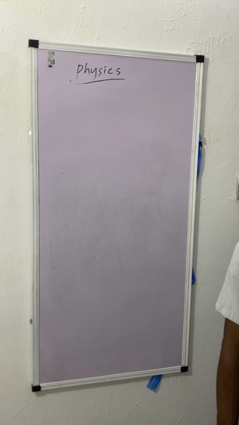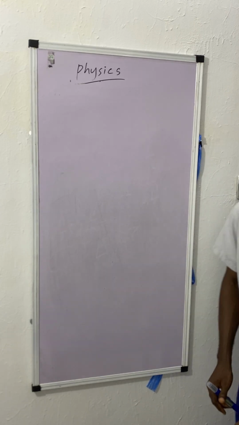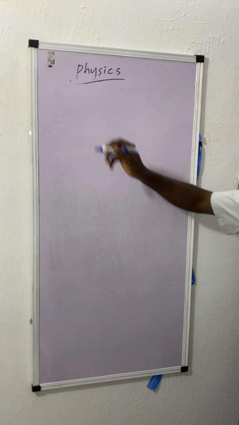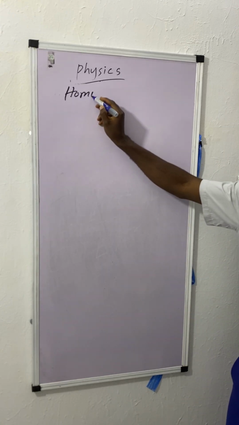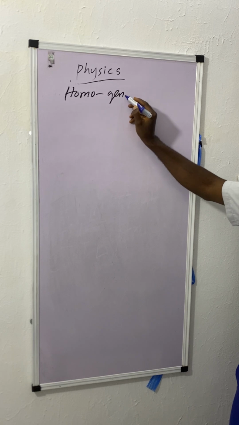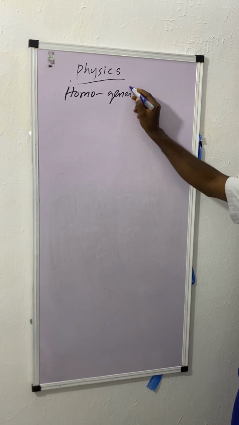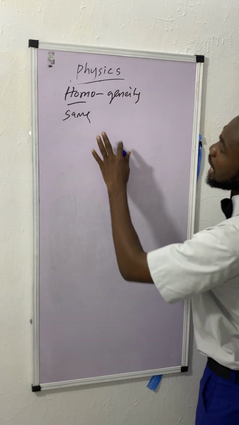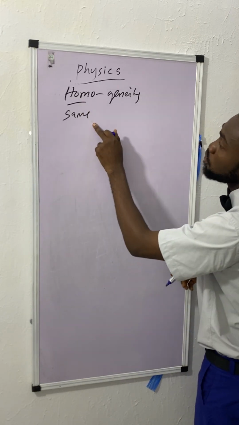We have to understand what is meant by homogeneity of equations. Homogeneity, homo, then geneity. All right. Homo means same or one. Two of us, we are the same or we are one. That's the meaning of homo.